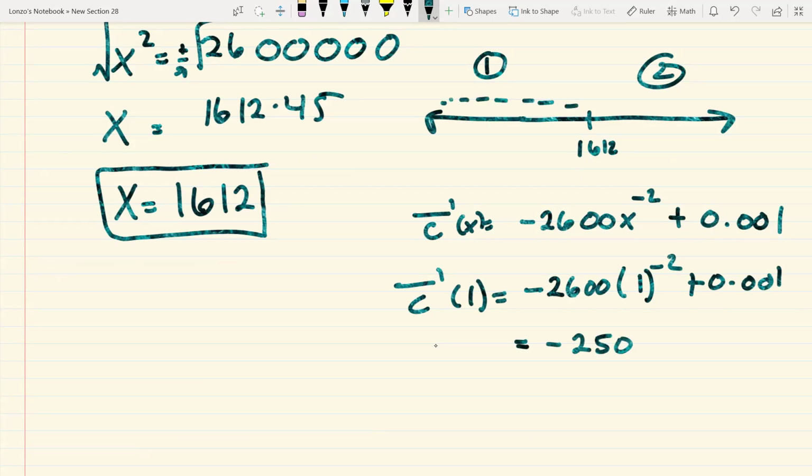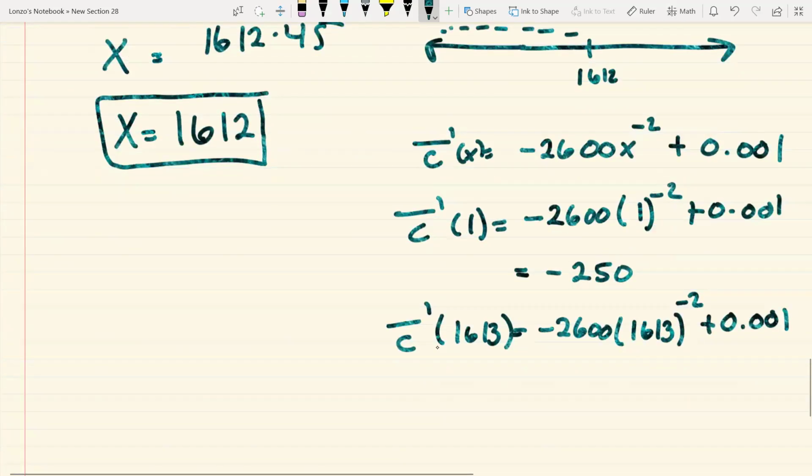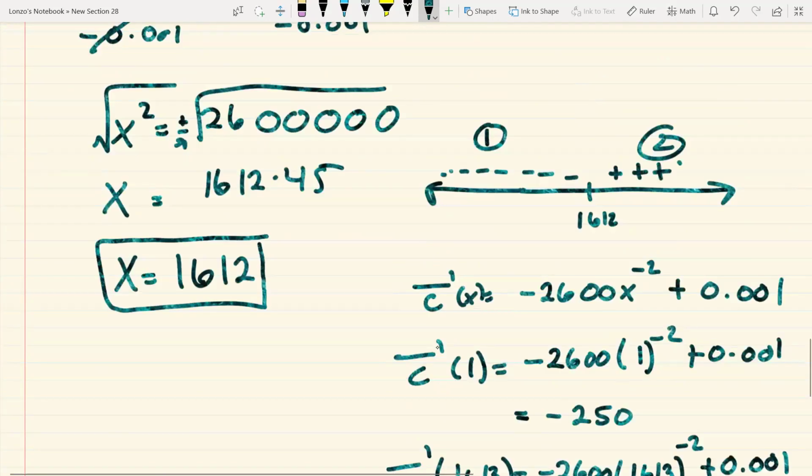I need a number slightly larger than 1612, so maybe I could do 1613. When you put that in, you get a positive value. I forget the number, but I know it's positive. So go ahead and put a plus.